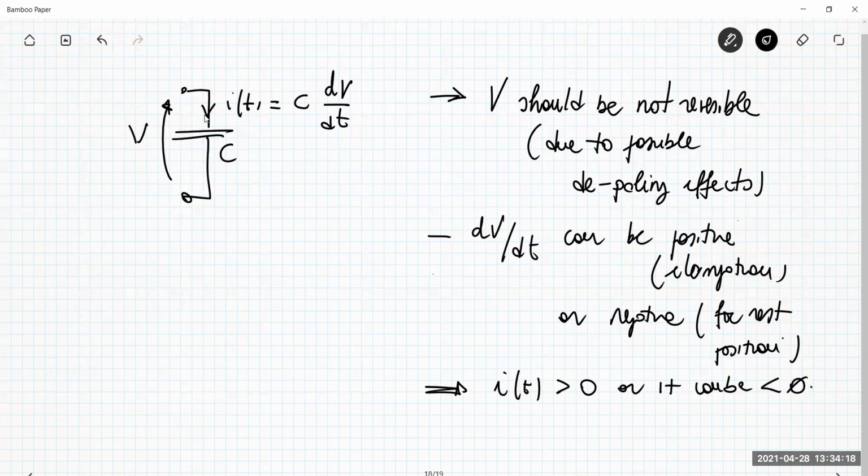So basically we need a non-reversible voltage applied to it, but a bidirectional current. This is what we are searching for as a driver for this kind of circuit.